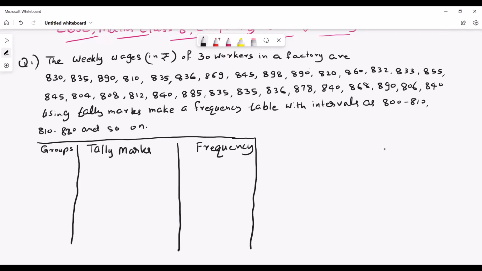This way, let us make the groups. The question itself has told us that the first group falls between 800 to 810.